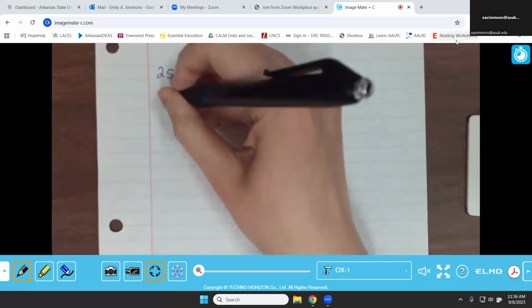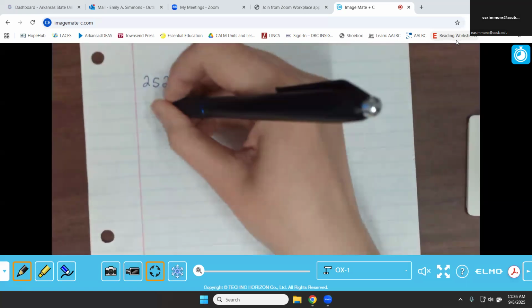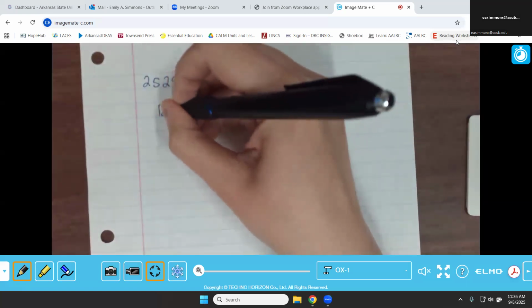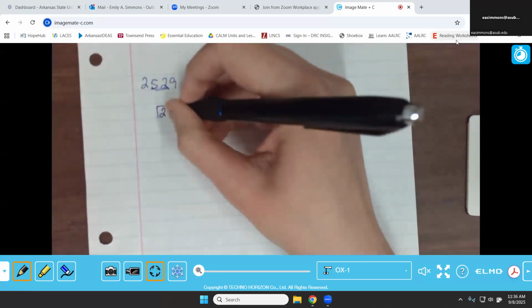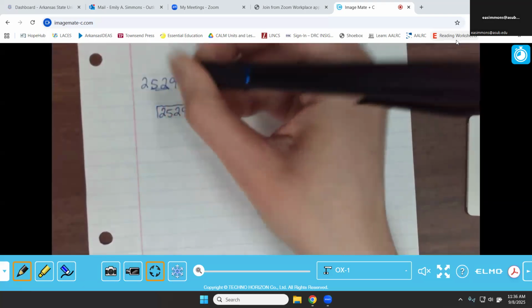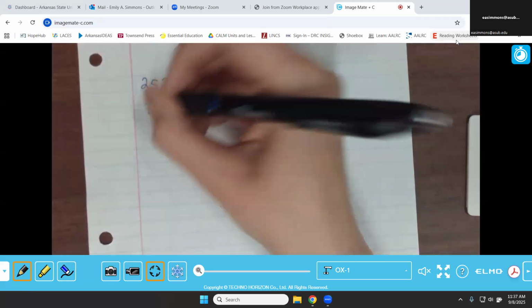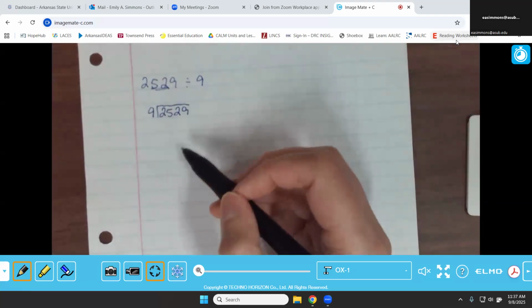So what I do to set up my long division is I make my little long division sign, and then my bigger number, or my first number, always goes inside the sign, so 2,529. And then my second number goes outside the sign. And now I can work out my long division problem.